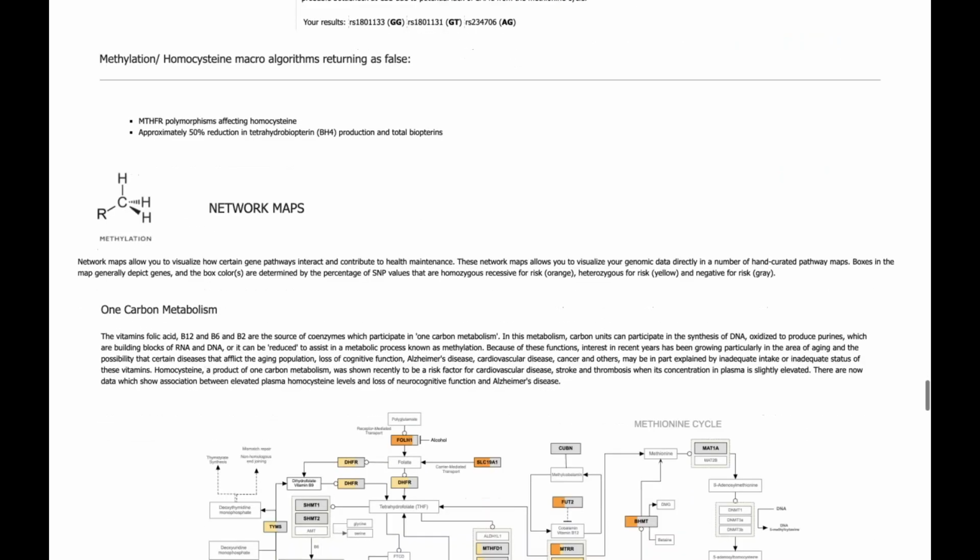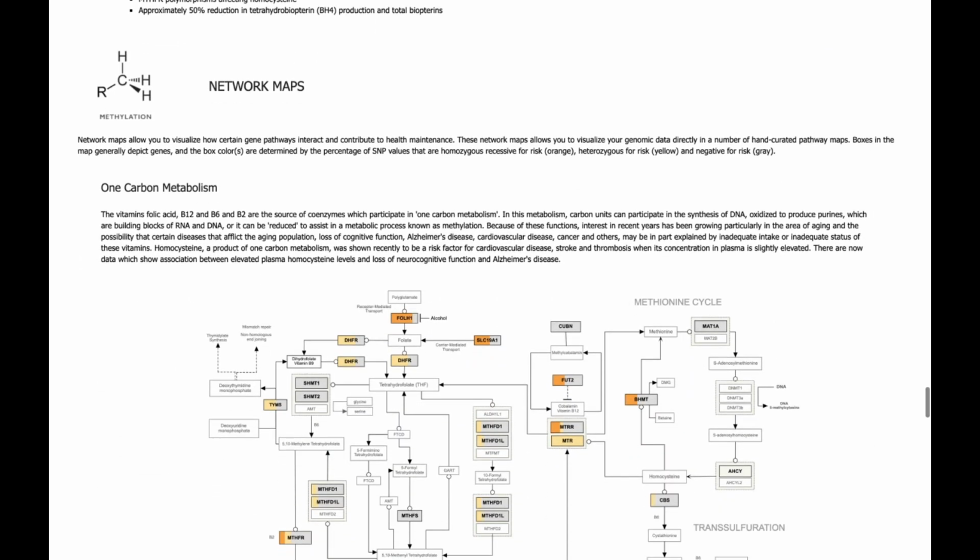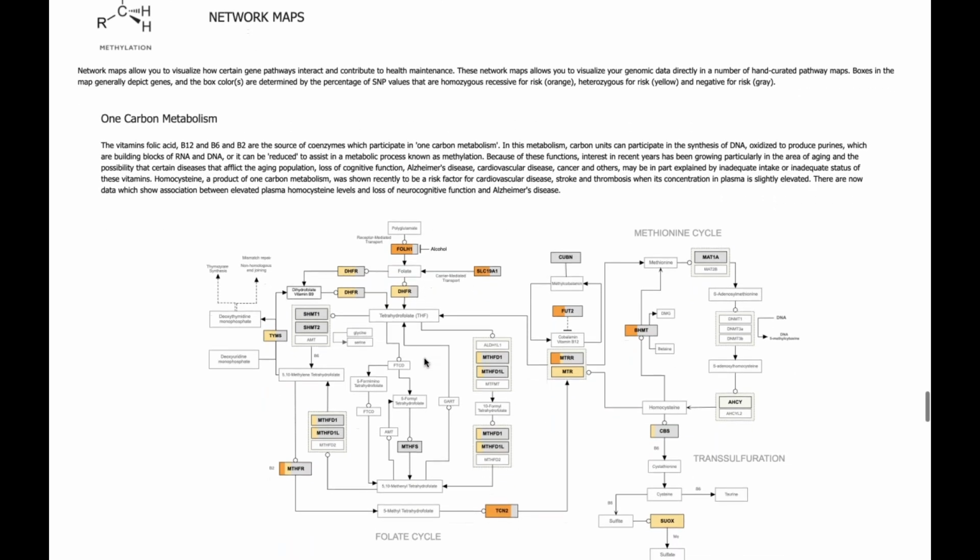And then as you move down, these are the network maps. And the network maps, again, as I mentioned earlier, put the patient's SNP data in real life and plug it into this program. As you can see here, MTRR, which I was discussing earlier, might be something you want to pay attention to because it is having an issue with the tetrahydrofolate recycling.